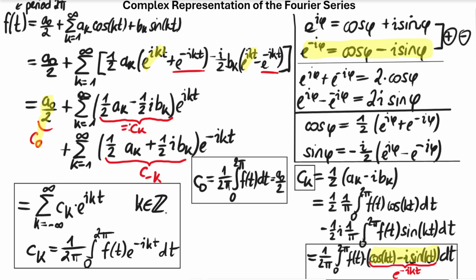So k are integers, this is the infinite sum from minus infinity to infinity. And note here it is e power ikt. And the Fourier coefficients, the complex ones, can be computed like here. 1 divided by the period, integration over the whole period times e power minus ikt. So do not mix this up, it's better to look it up, not to introduce an error.